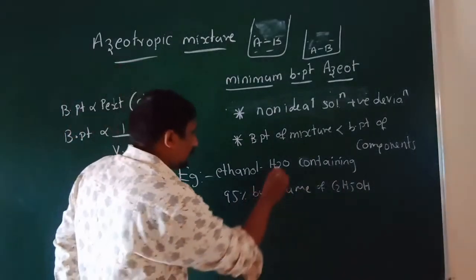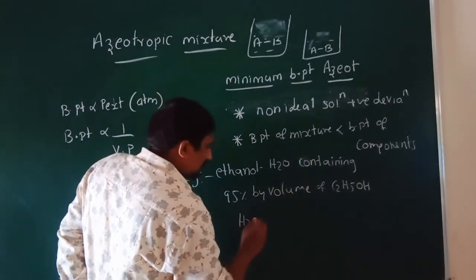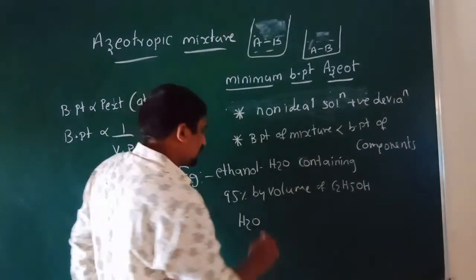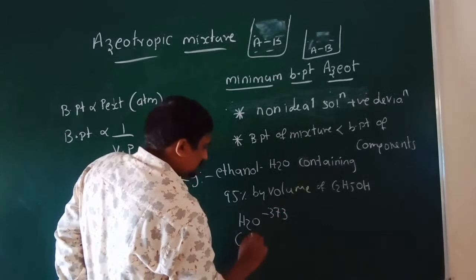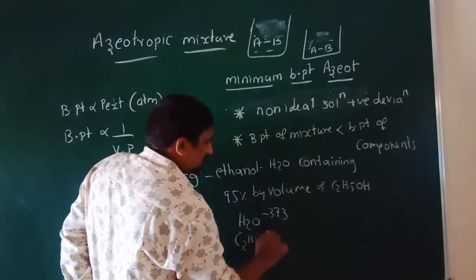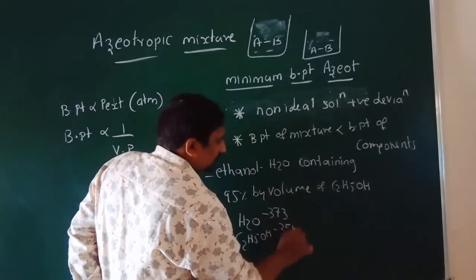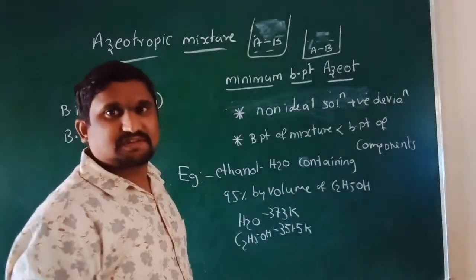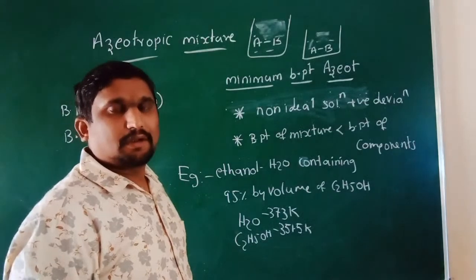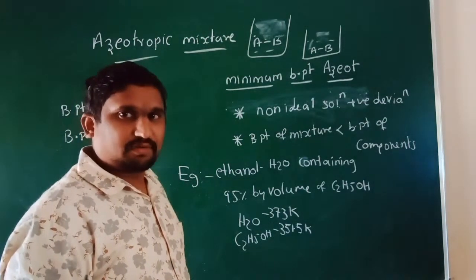Pure water boiling point is 373 Kelvin, and ethanol boiling point is 351.5 Kelvin.